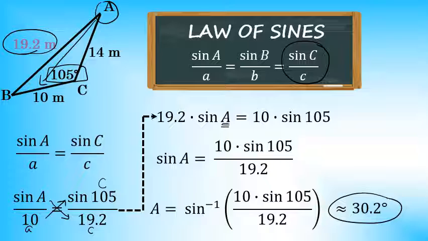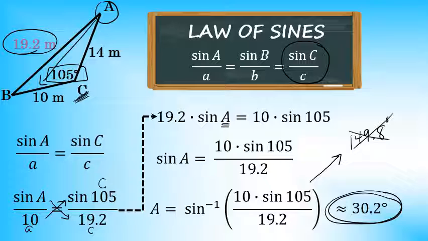It is worth noting that the inverse sine of 10 sine 105 over 19.2 has another answer between 0 and 180 degrees. It's also equal to 149.8 degrees. But in our triangle, angle C is already known to have a measure of 105 degrees. There's no way that angle A could be 149.8 degrees. Angle A is 30.2.